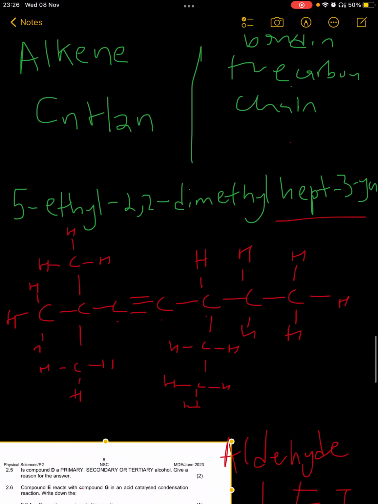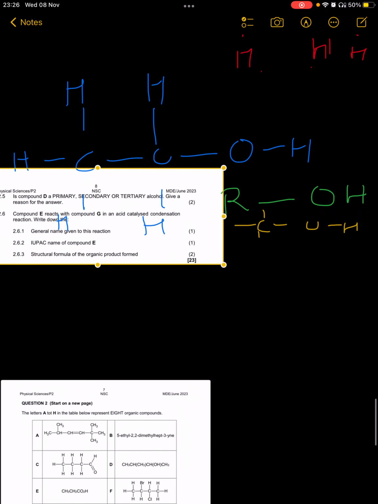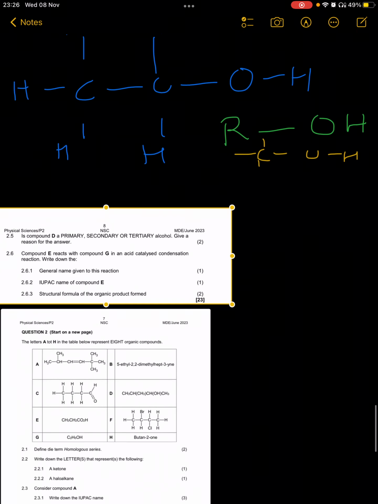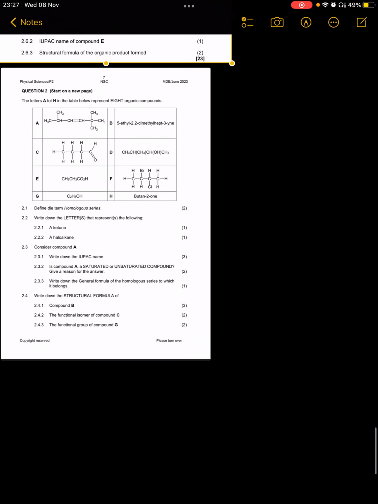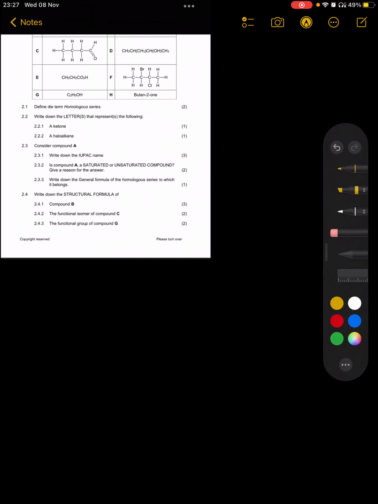My apologies for that. I didn't know of this update, but it's technology. Right. Is compound D a primary, secondary, or tertiary alcohol? Give a reason for your answer. Right. There is D. Let's try and redraw compound D. So compound D would look something like this.